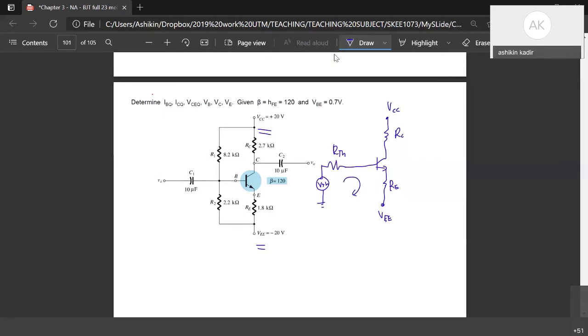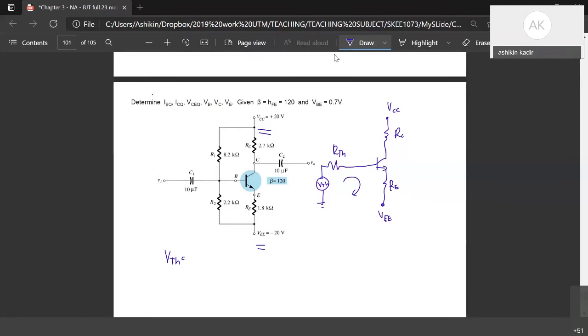If you have two supplies over here, what you need to do for VTH, if you still remember your circuit theory equation, is add on both voltage divider parts. For R2, you need to multiply with VEE. In our previous example, VEE is 0, so R2 multiplied with 0 gives 0.